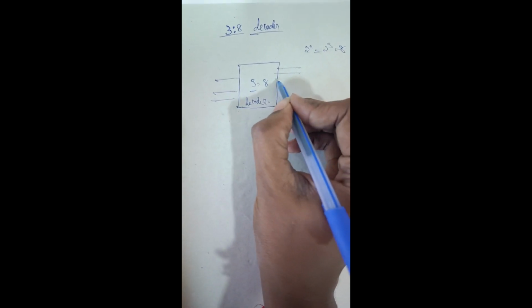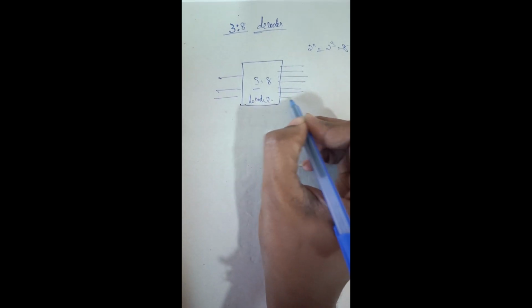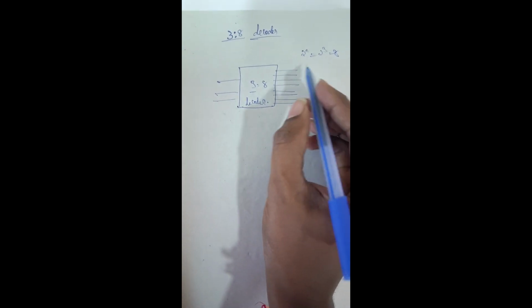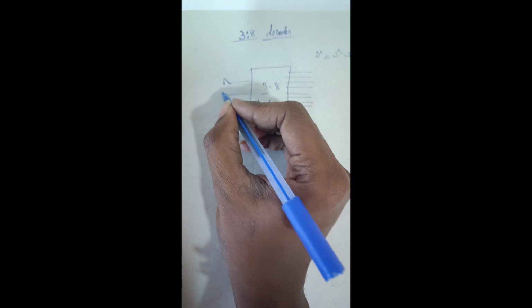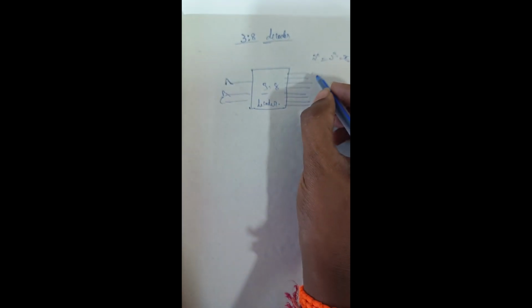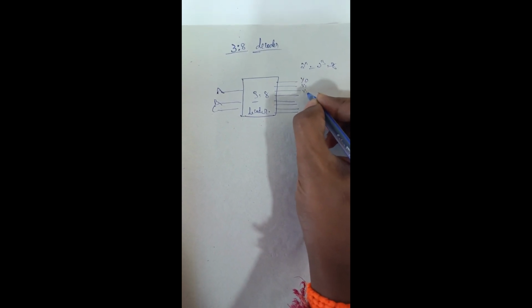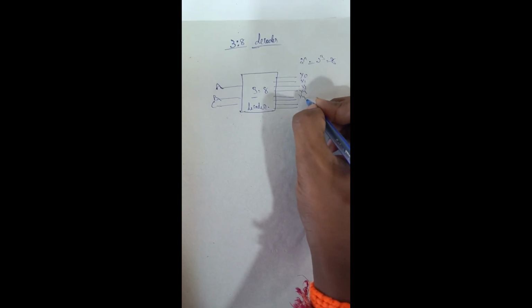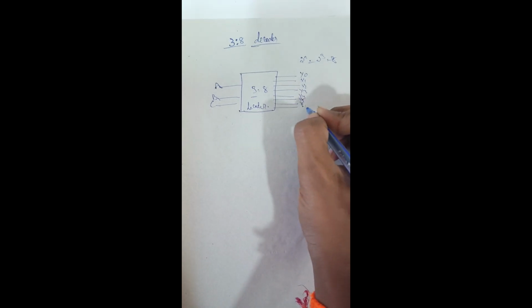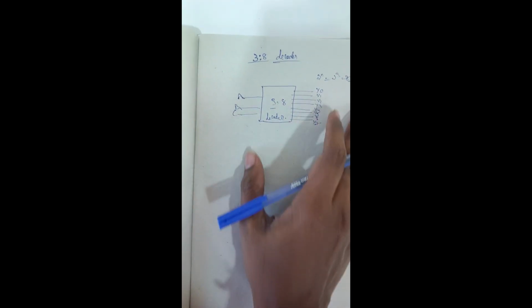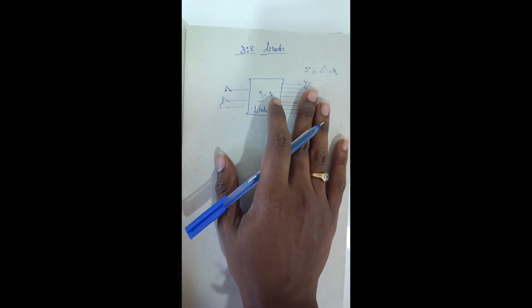So 1 2 3 4 5 6 7 and 8. There will be 3 inputs, I am assuming A, B, C, and 8 outputs, like y0, y1, y2, y3, y4, y5, y6 and y7. So this is the block diagram of the 3:8 decoder.